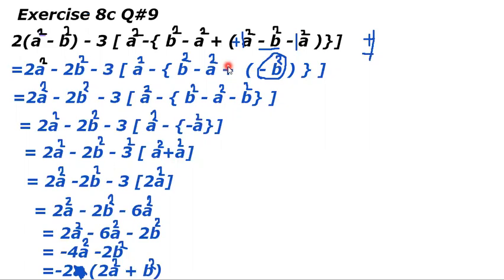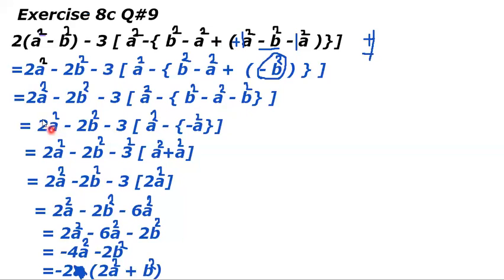In other words, I will explain it like this: positive multiplied by negative gives us a negative sign. And now we will remove the parenthesis in this second step. I think this much explanation is enough. I hope you can understand it.